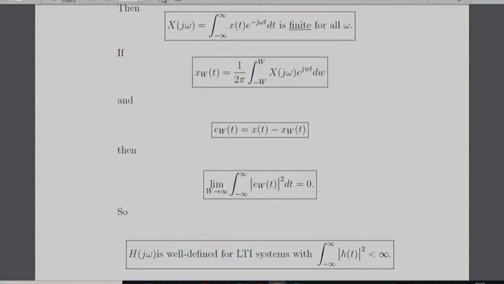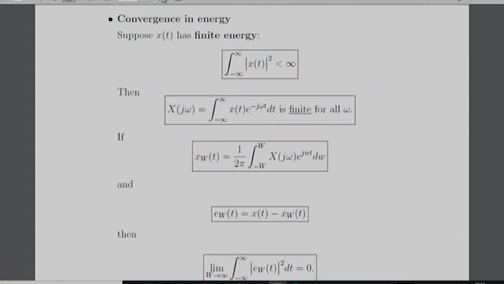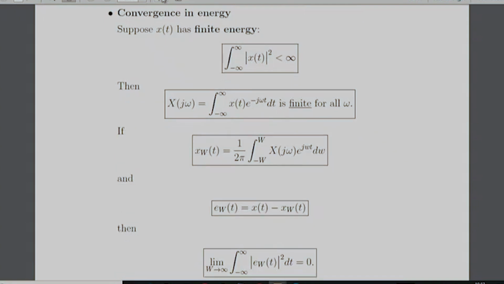So that means we get convergence in energy in the Fourier transform case, provided that our signal satisfies this finite energy condition. So it's completely analogous to the Fourier series case.